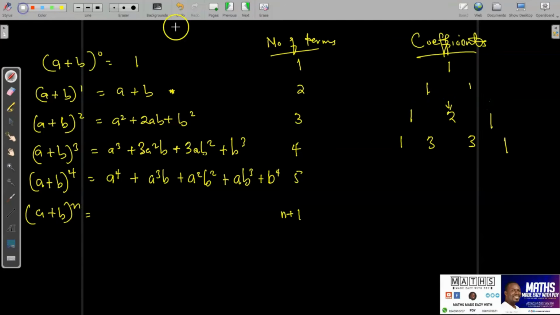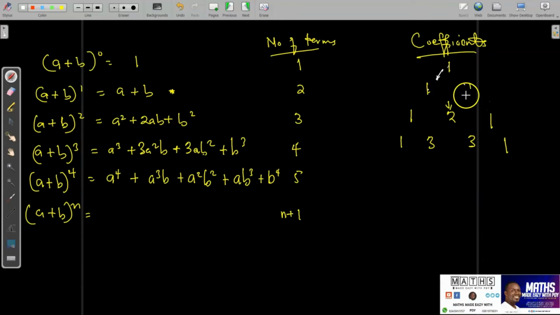We've written down the coefficients for the first 3 expansions. We want to use that idea to generate the expansion for the 4th one. So I said you just simply have to repeat your 1 here and repeat the 1 also there.